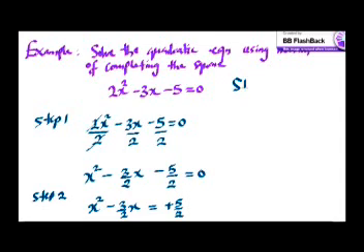Then if I go to step 3, what is the number that should be added to the variable to make it a perfect square? All I need to do is to pick the coefficient of x, divide it by 2, then square it.